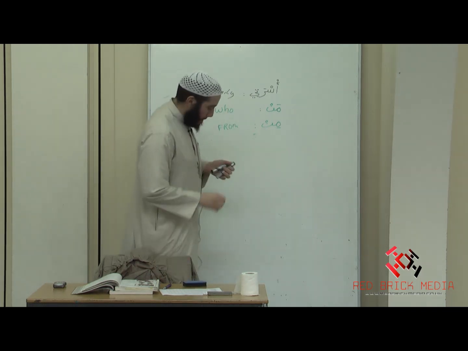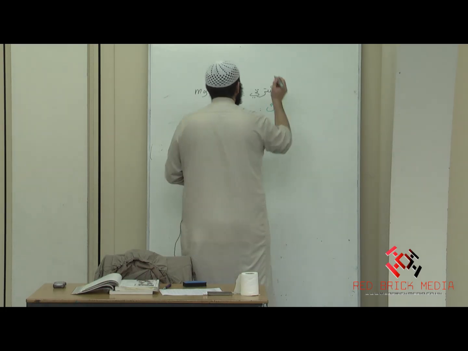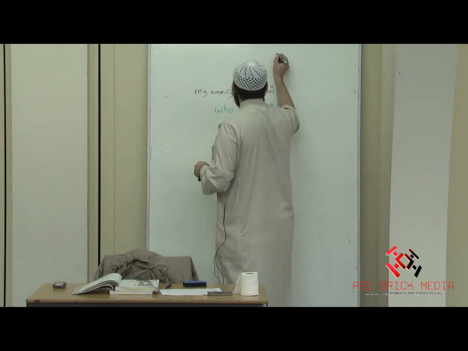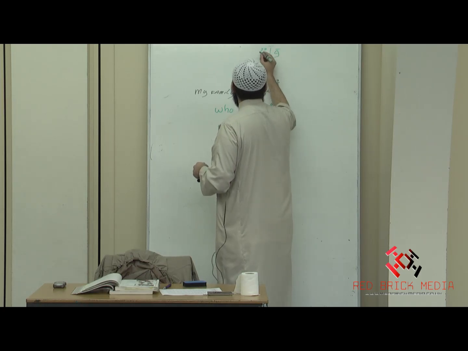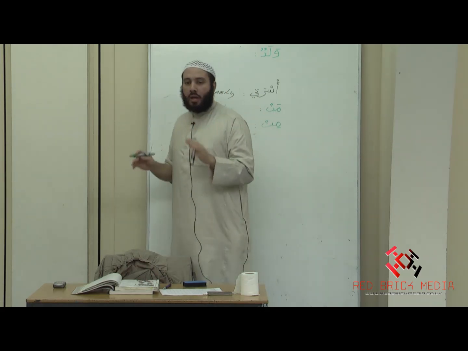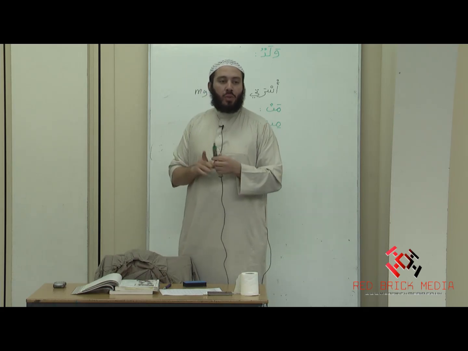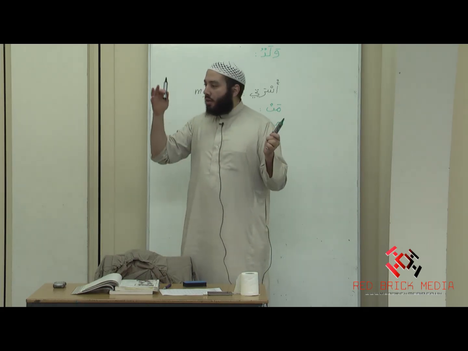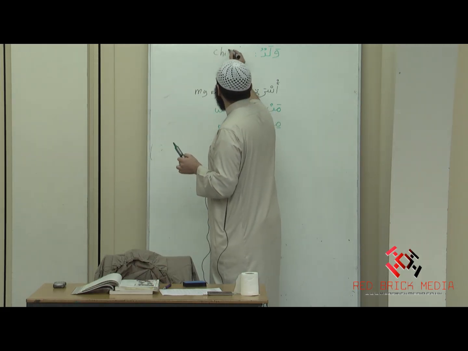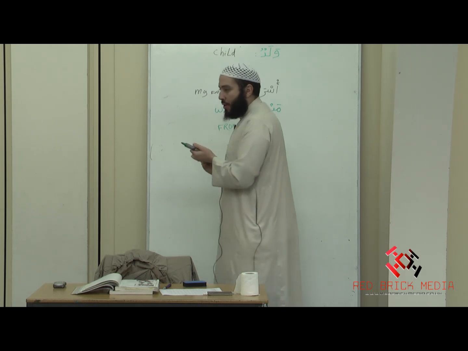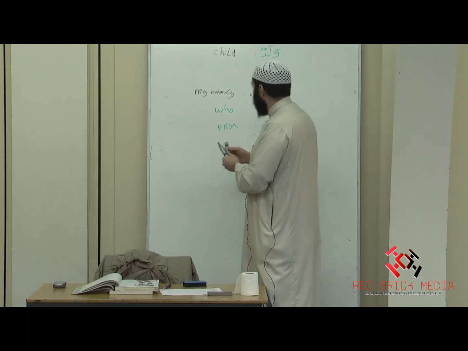First of all, we start with waladun. Waladun in Arabic means child. Hada waladun. This is a child, regardless of whether a boy or a girl. Now we put an alif, a stick, after the waw, so we get walidun.